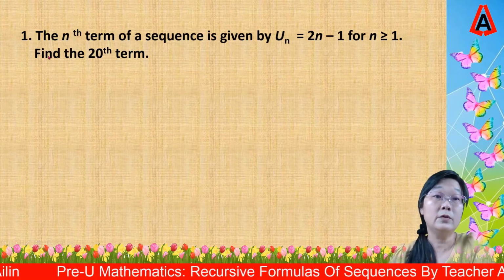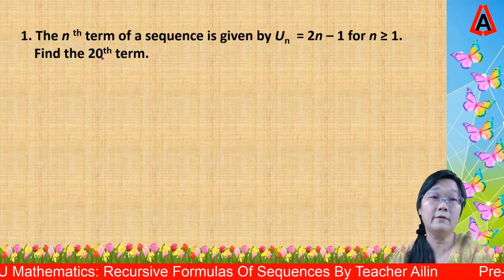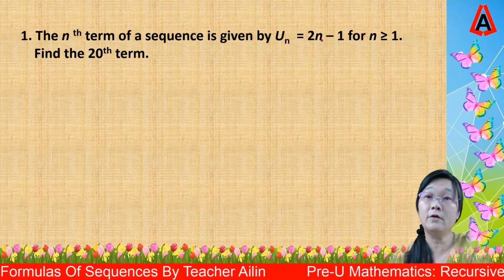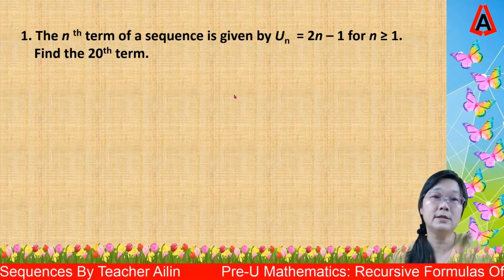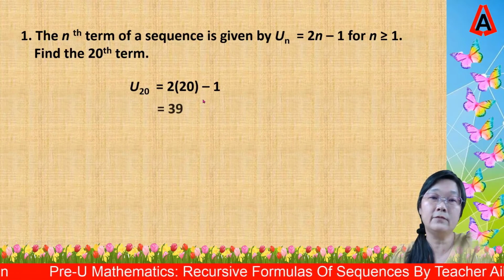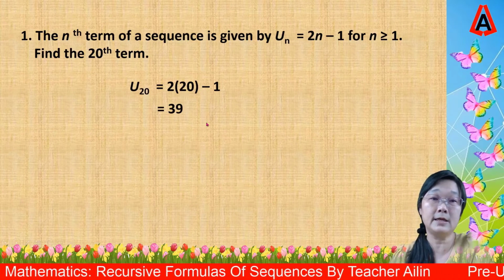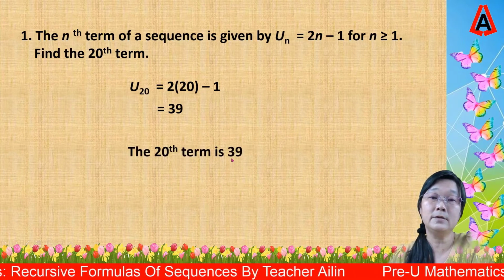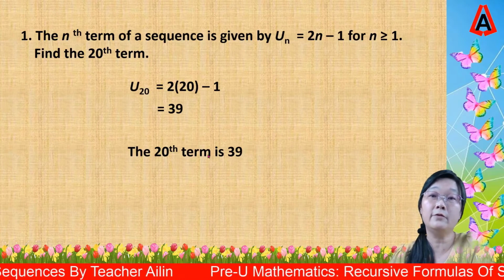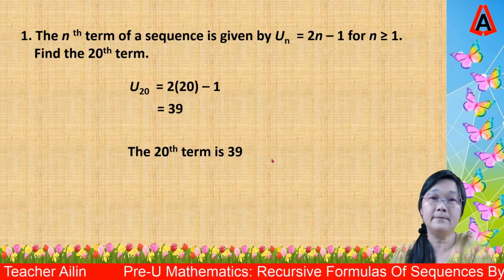Since we want to find the value of the 20th term, we simply substitute the value of n with 20. When n is equal to 20 and we simplify, that is 39. So the 20th term is 39. So we can simply substitute the value of n directly.